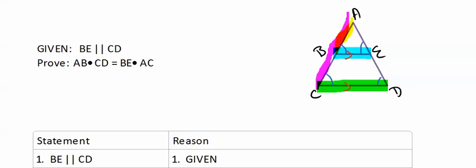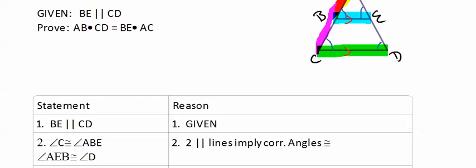Again, based on two parallel lines implying corresponding angles congruent. Now, you could also say that angle A is congruent to itself based on the reflexive property, but that's not needed since all we need is two angles.